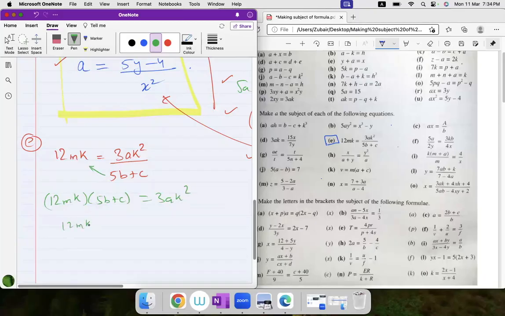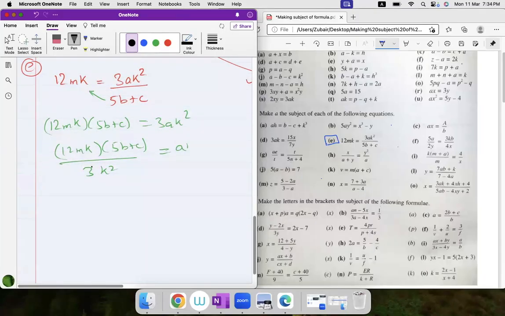Yes. So 12mk into 5b plus c over 3k squared is equal to A, and a little more. I can simplify it. Yeah, simplification. K goes with the square, and we are left with 4m, 5b plus c, and then 3k. Yes.